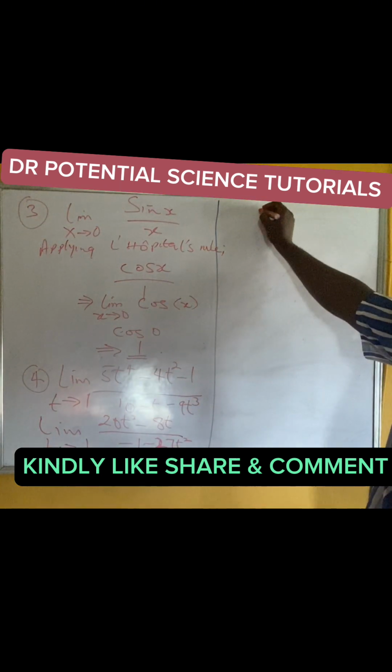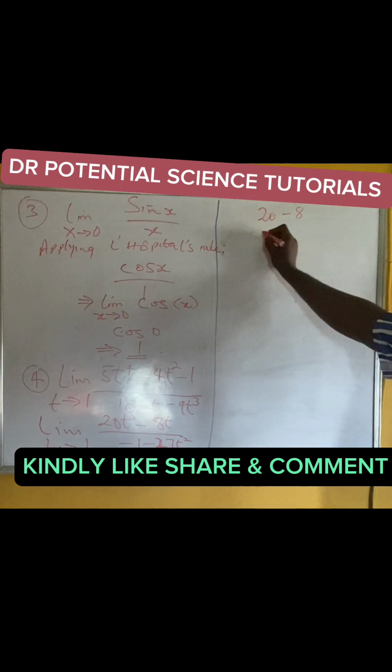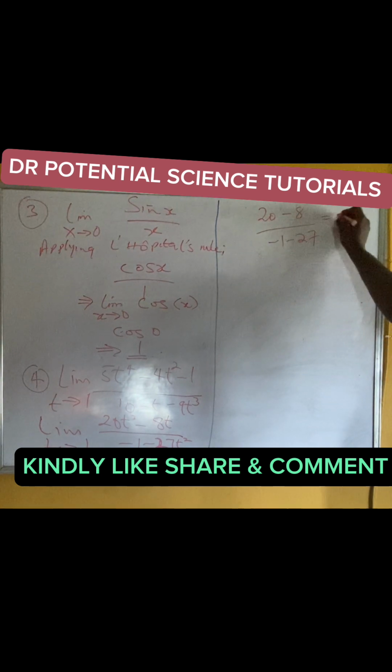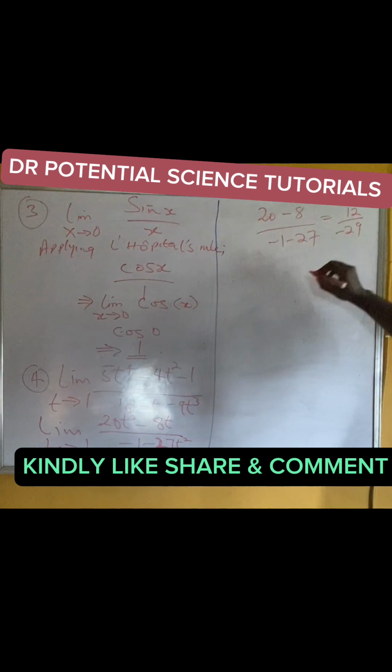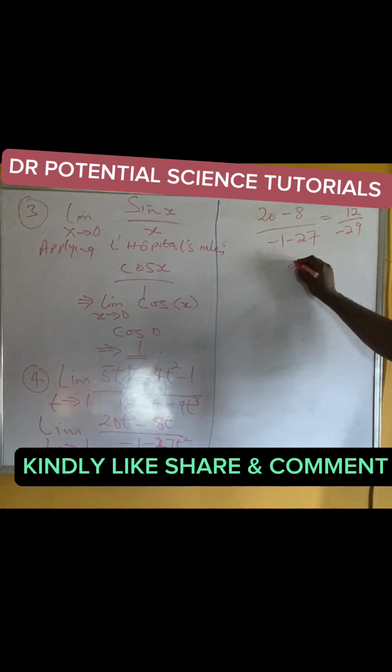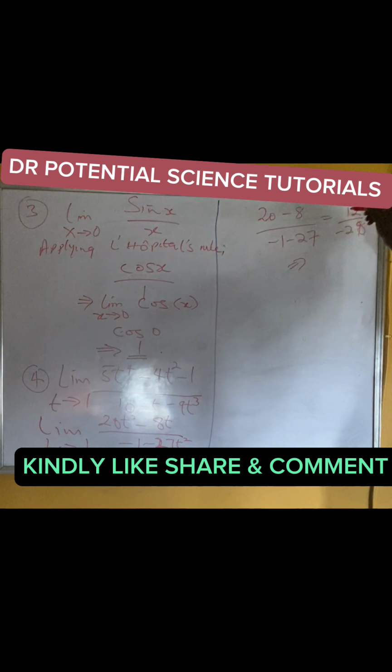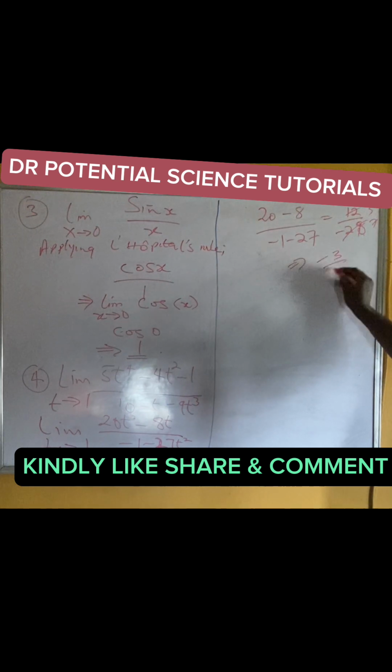So we're going to be left with (20 minus 8) over (minus 1 minus 27). That gives 12 over minus 28. So the final answer is what? Minus 3 divided by 7.